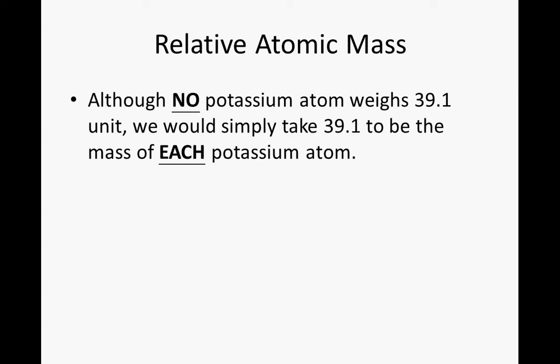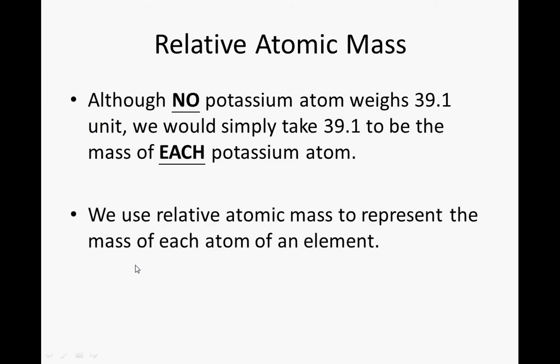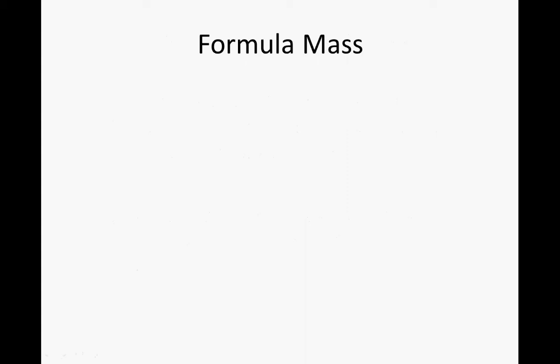However, we could simply take 39.1 to be the mass of each potassium atom. It is the average mass of a potassium atom. I repeat, no single potassium weighs 39.1, but we can take the average mass as 39.1, and we call this relative atomic mass. We use this to represent the mass of each atom.